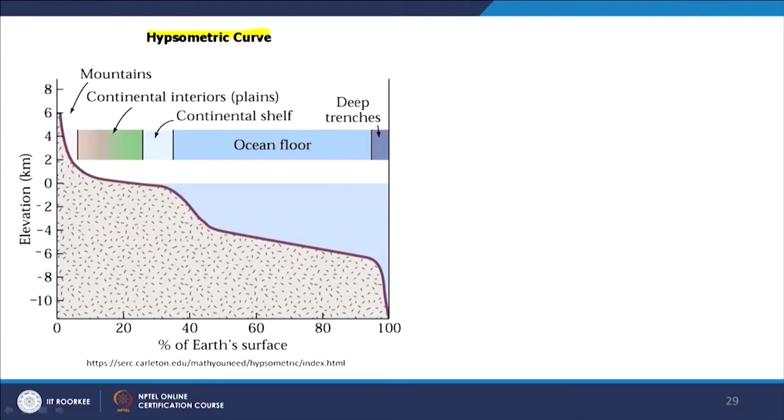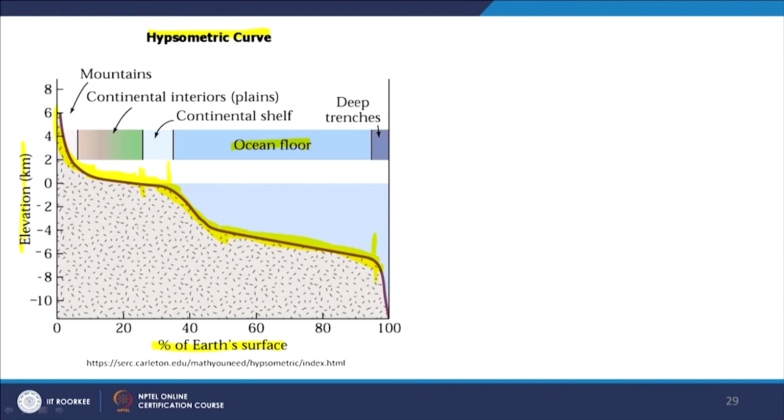In mountainous terrain like the Himalaya, we generally see a hypsometric curve like this, but in the plain areas, in the continental part, we may see it like this, then in the ocean shelf area something like this, and in the deep ocean floor area like this. In a trench, like the very famous Mariana Trench, you may find the profile like this. So, it has been plotted as the percent of the earth's surface versus the elevation.